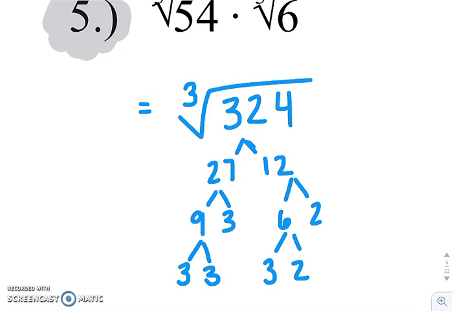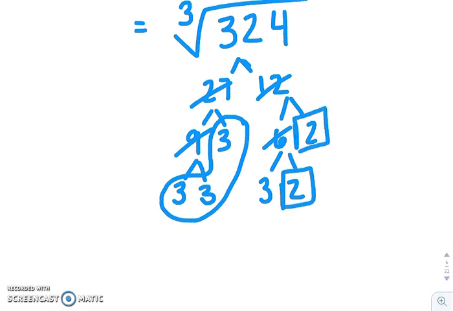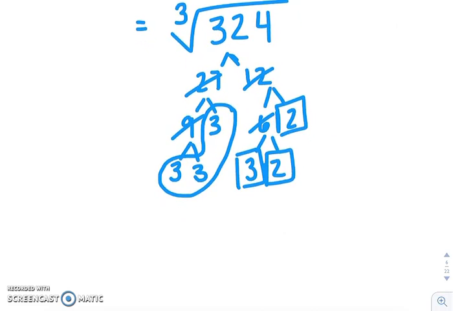So we're looking for cubed roots, groups of 3. So I've got a group of 3s here, but then all of these don't make up a group of 3 of anything. So all 3 of them actually are going to stay underneath the radical. So the one group comes out, and we have the cube root of 2 times 2 times 3, which is 12.